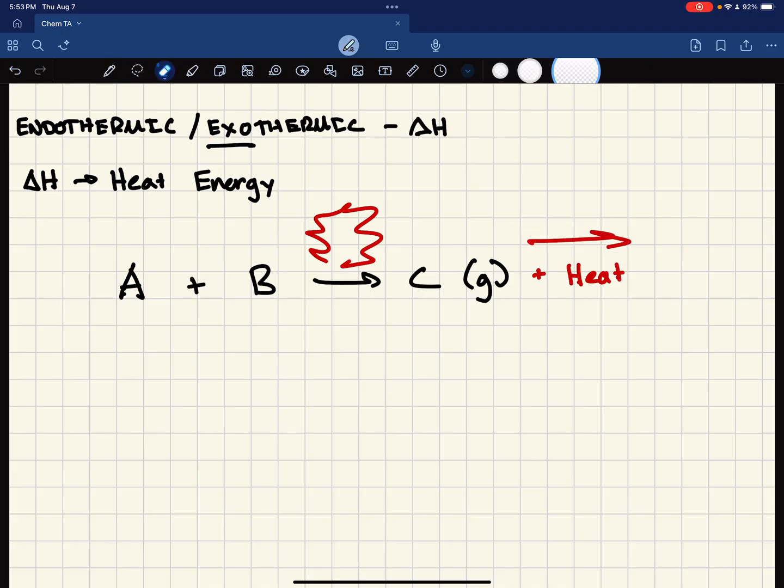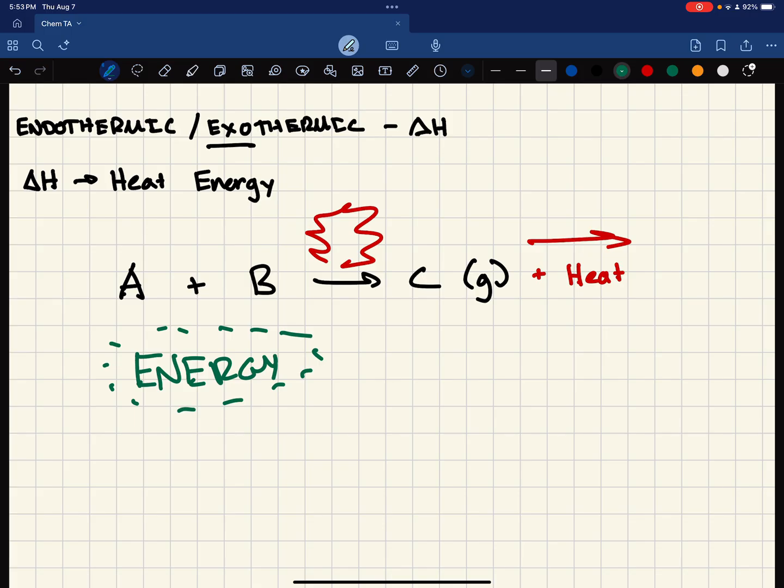Energy in the form of heat is leaving the reaction. And if you think about it, let's say there was this huge buildup of just energy, and if there's a lot of energy in one spot, it's not as stable. So when the energy is released, usually that's going to be relieving.